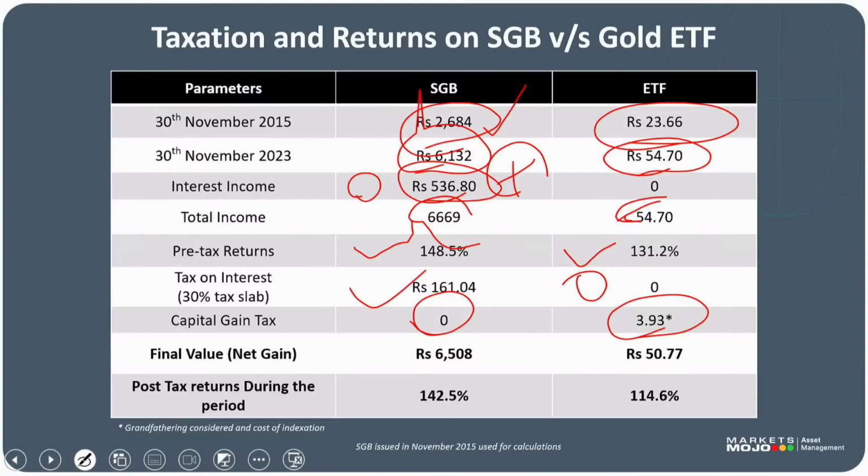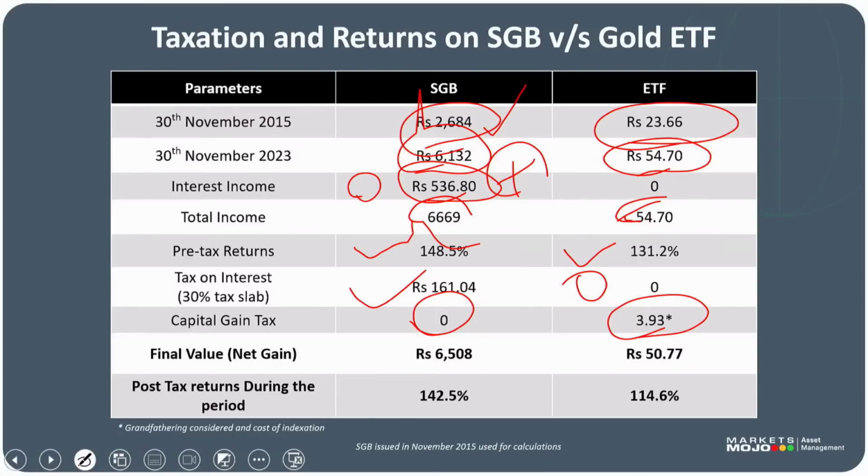This includes the grandfathering. Why grandfathering? Because the Government of India came out with the grandfathering provision on 30th January 2018. Plus, we have taken the cost of indexation, which is allowed under ETF, and long-term capital gain is 20%, so we applied 20%. You end up paying 3 rupees 93 paisa as tax. So what happens?